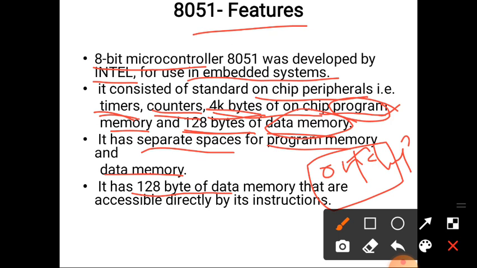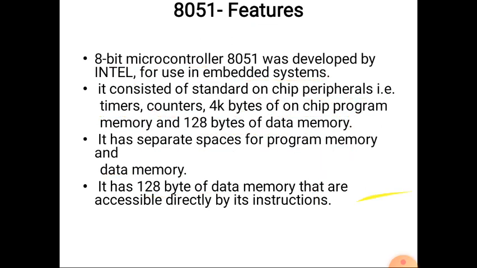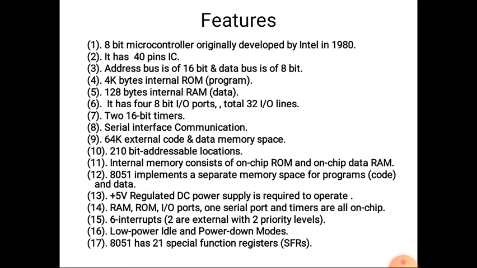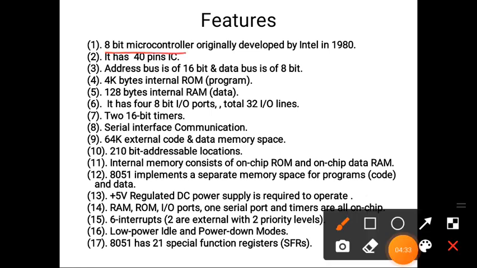The data memory size is 128 bytes. Then here are all the features pointed out. The first point is that it is an 8-bit microcontroller and it was developed by Intel in 1980.